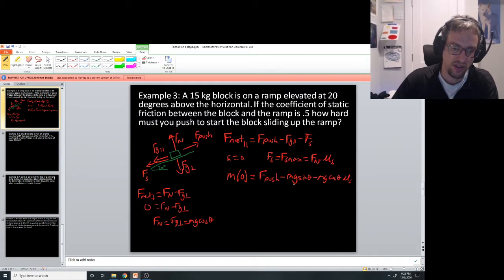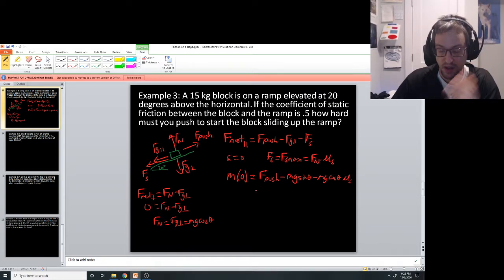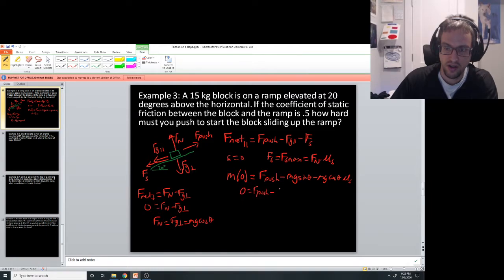So none of these numbers that I've worked out. So 0 equals F push minus 15 times 9.8 times sine of 20 minus 15 times 9.8 times cosine of 20, all times 0.5.